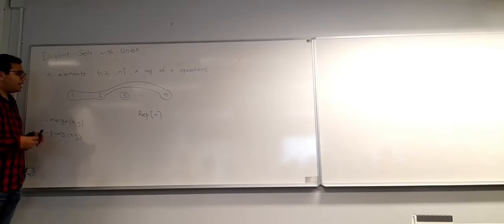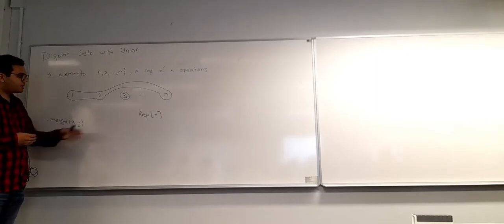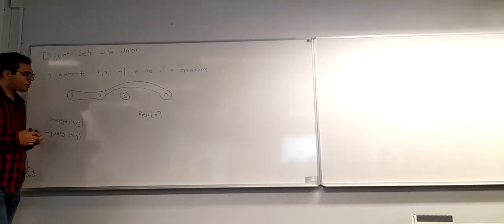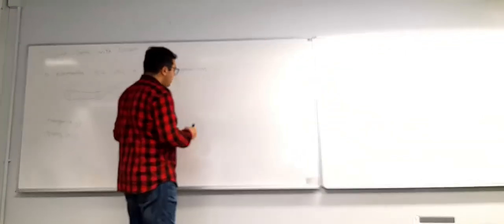Well, again, I'm showing everything based on these representatives. So if I want to merge x and y, I can first just take the representatives. Let's say Rx is the representative of x and Ry is the representative of y.